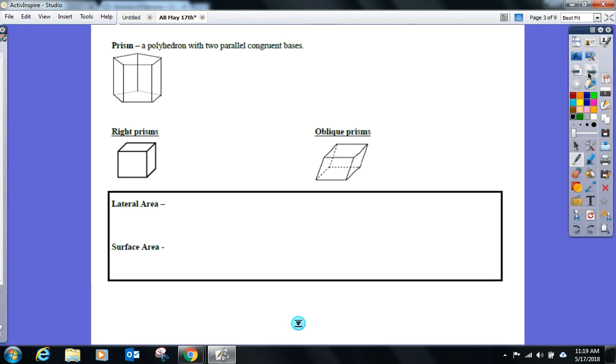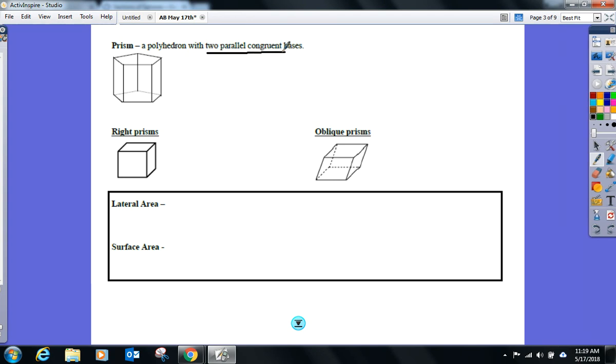All right, here we go. Today's first one, prism. Here's the part I need you to remember. A prism has 2 parallel congruent bases. And that's how you name it. What are the shapes in that prism I have for you that are parallel and congruent?